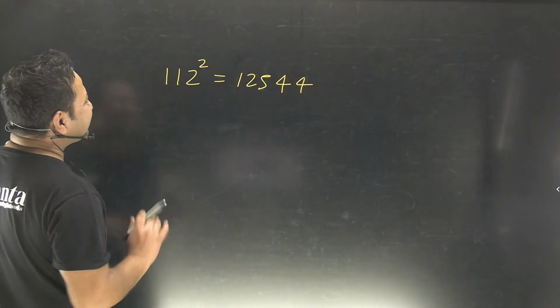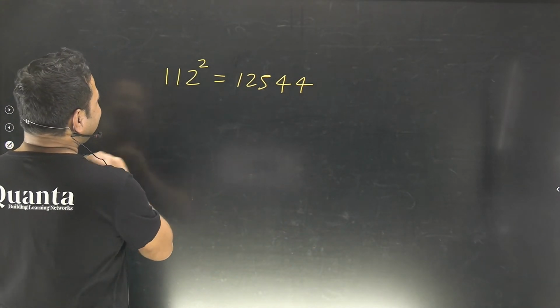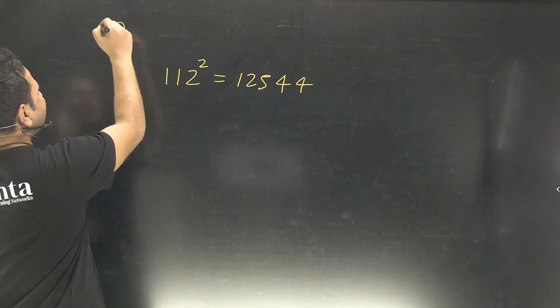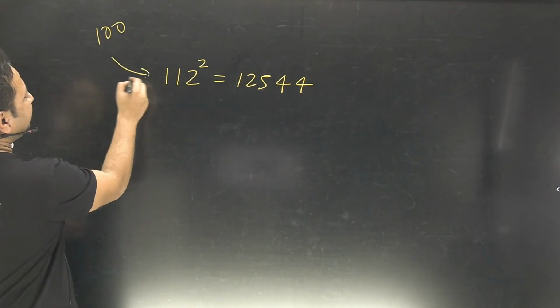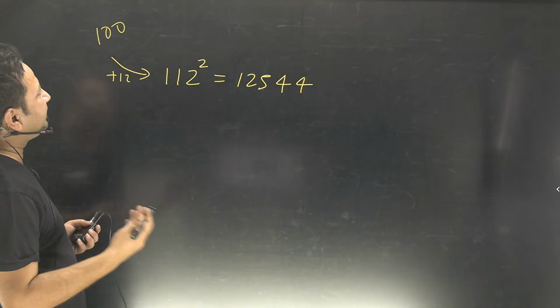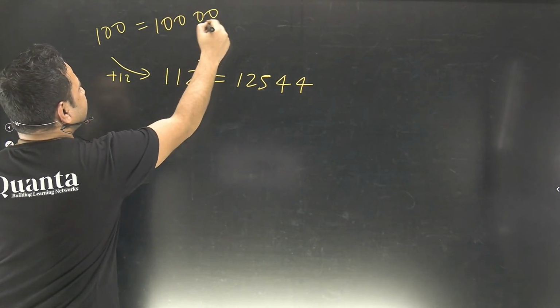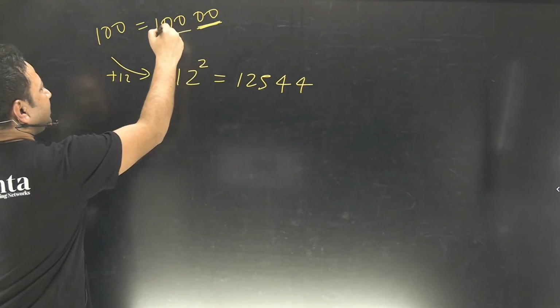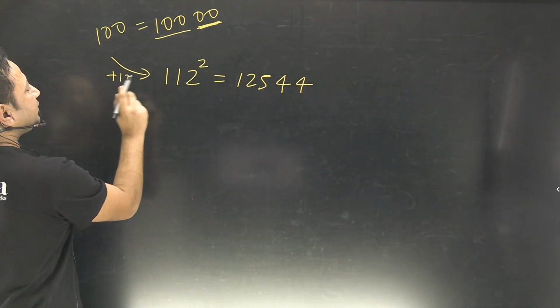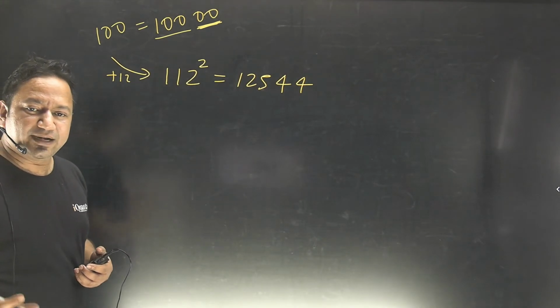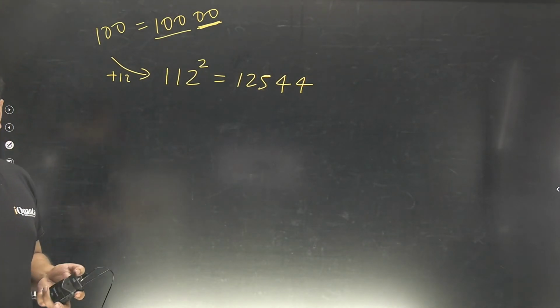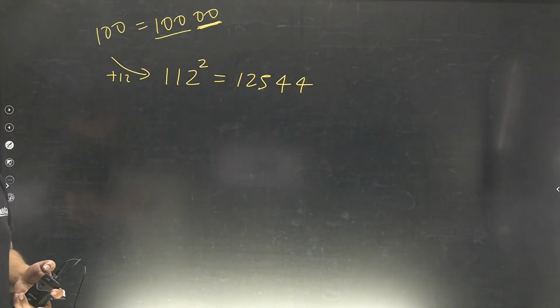Okay. So what happened over here? 112. The mool is 100. 112 is 12 more. Yes or no? What needs to be done? Here the square is 10,000. Just keep these two zeros away. So we need 12 more, so we need to add 24, isn't it? Is that right?